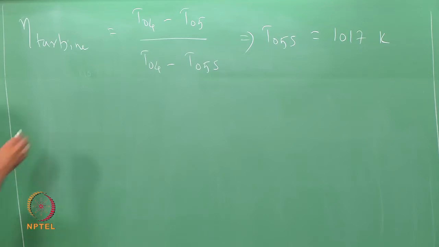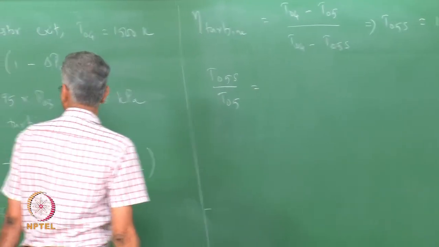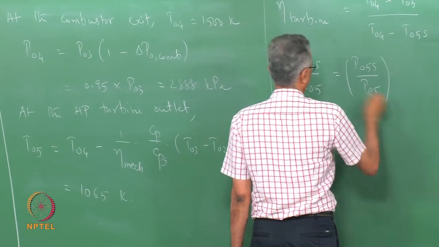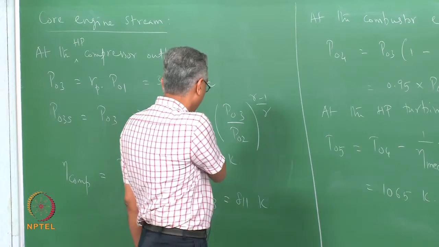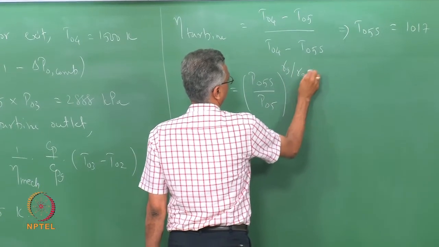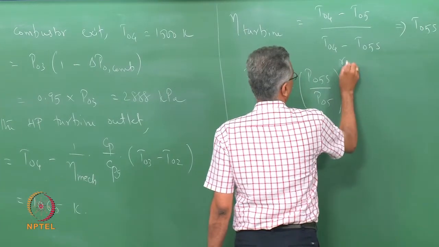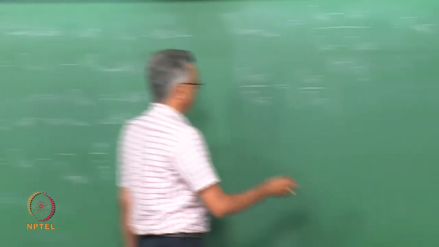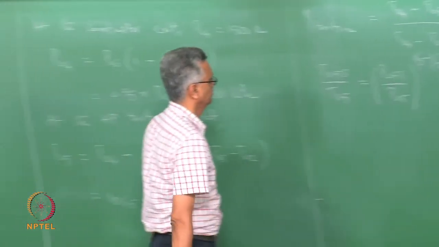If you remember, T05s divided by T04 is equal to P05s divided by P04 raised to the power gamma g minus 1 over gamma g.